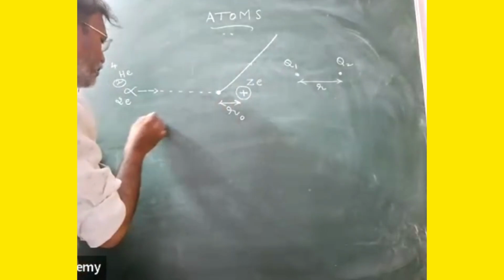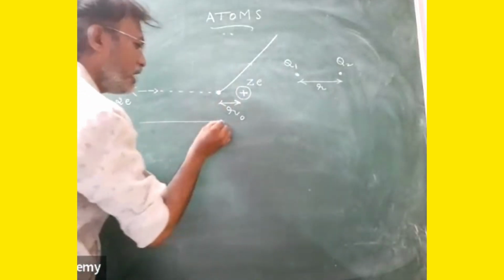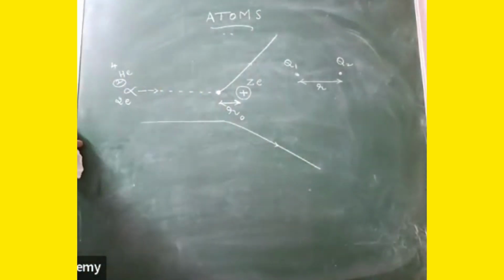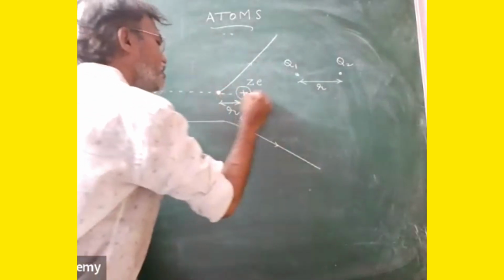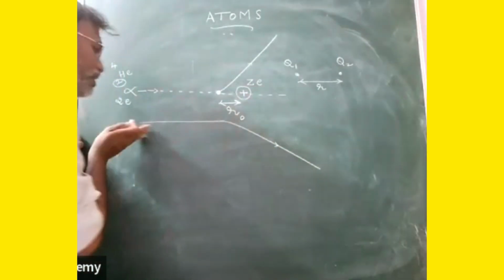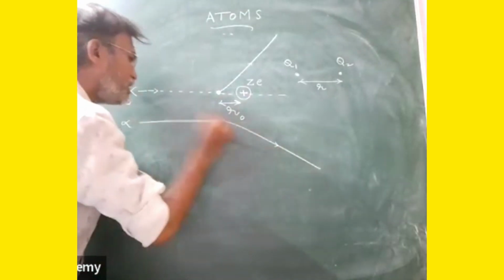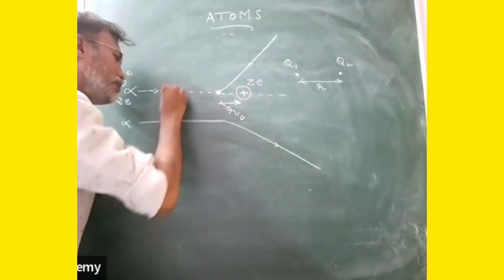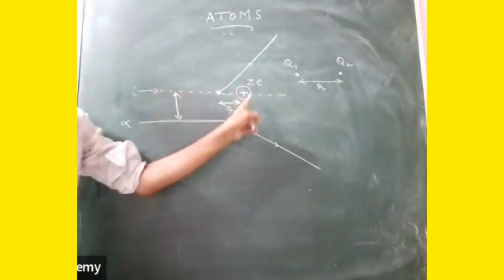For example, one more alpha particle is taken here, moving in this direction and scattered in this direction. Here the impact parameter is the perpendicular distance between the scattered particle and the nucleus. Consider this as one reference line, along which the nucleus is present.